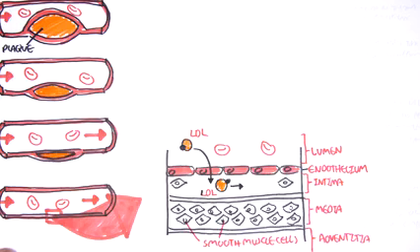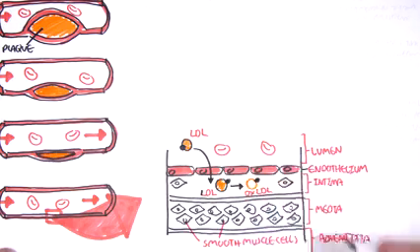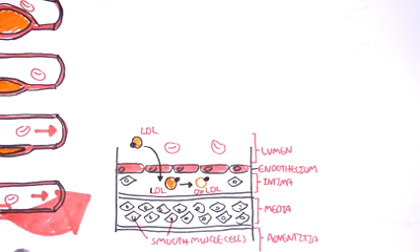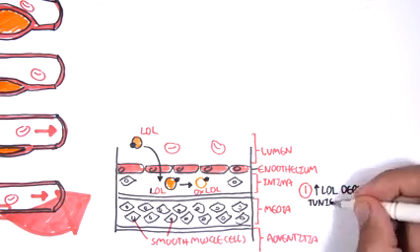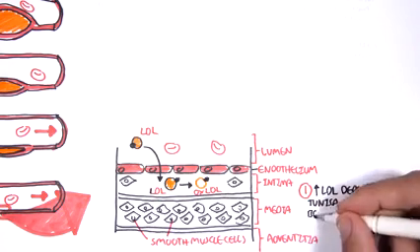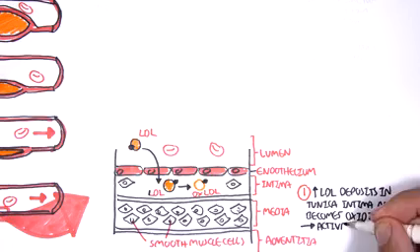Oxidized LDL activates endothelial cells, causing them to express receptors for white blood cells on their surface. To summarize, an increase in LDLs deposits in the tunica intima and becomes oxidized, which will activate endothelial cells.